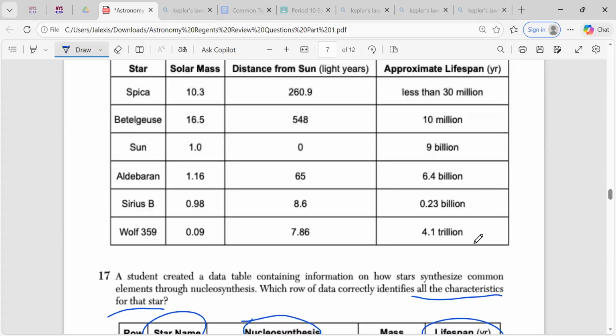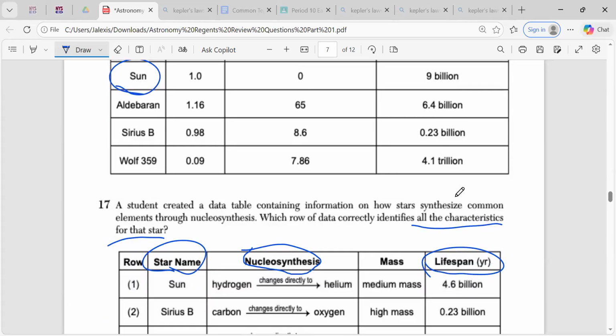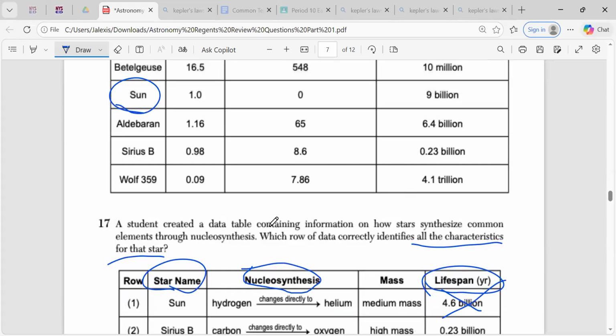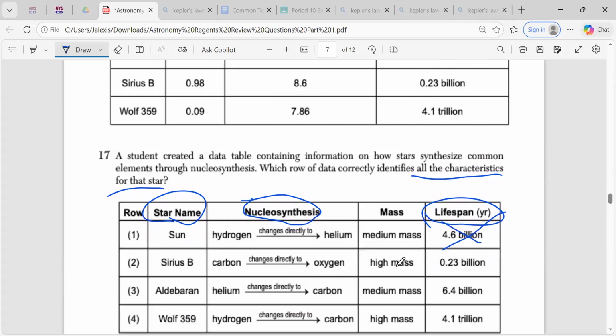So when I look at my sun, it has a solar mass of 1, and it has a lifespan of 9 billion, but it says lifespan of 4.6. So it can't be choice one. And did I see anything mentioned about medium mass and high mass?